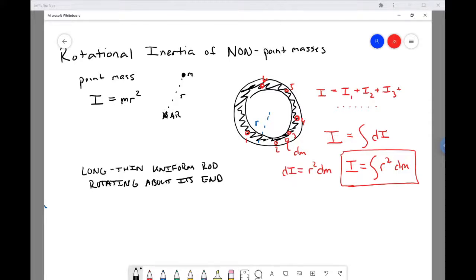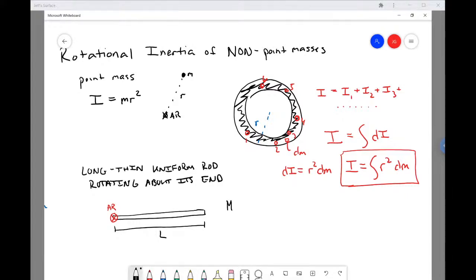But for this case, we have a long uniform rod, so like a meter stick, that's rotating about an endpoint. So this is the axis of rotation, AR for short. So the meter stick has a length, call that L. I'm going to do some things which might seem superfluous in the moment, but you'll see why this is important.